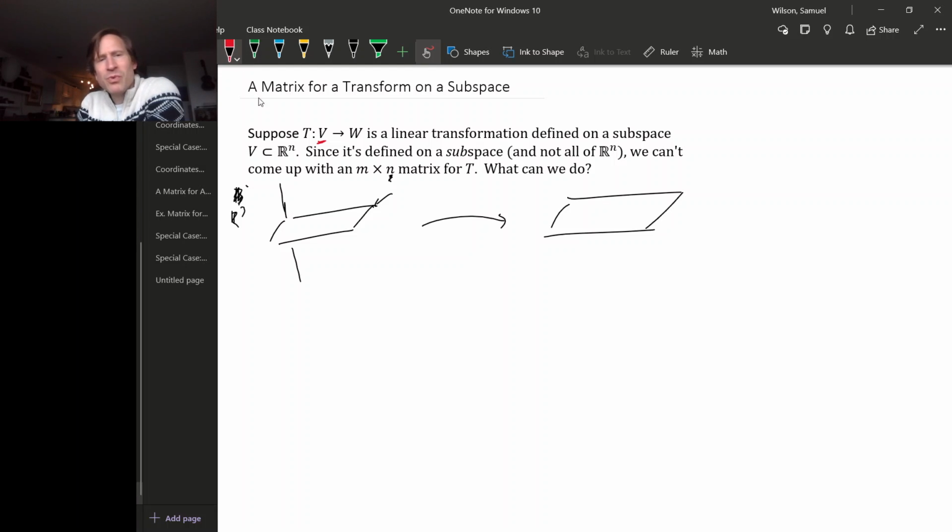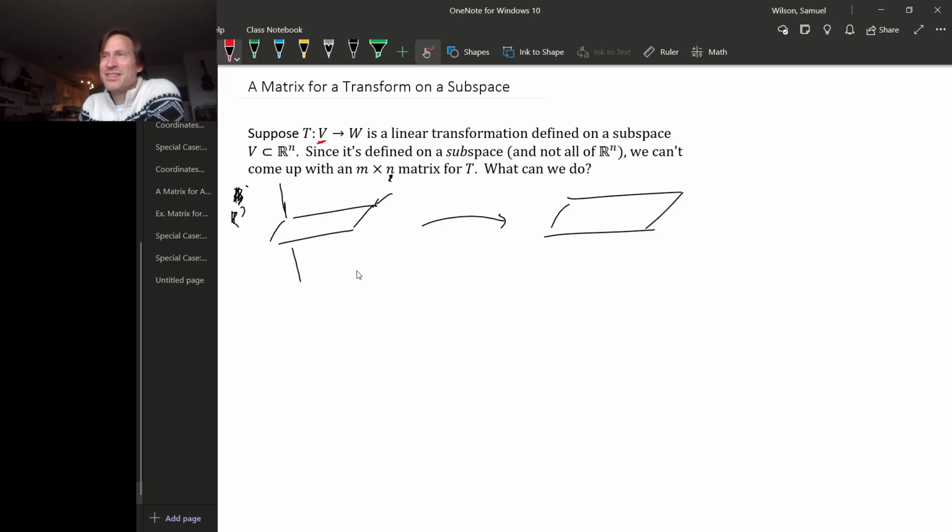But clearly we should want to come up with a matrix, because using a matrix is sort of how we do calculations. To be able to attach numbers to things, what is it about R3 that lets us write a matrix?